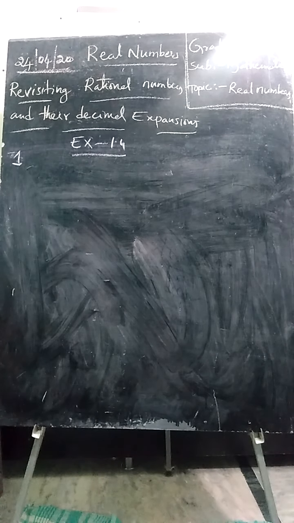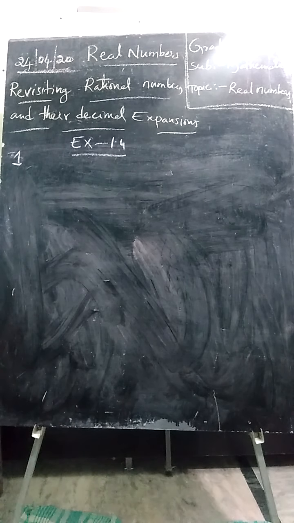So while checking, first we will write the numbers in their lowest form. Then after that we will conclude whether it is terminating or non-terminating decimal expansion.